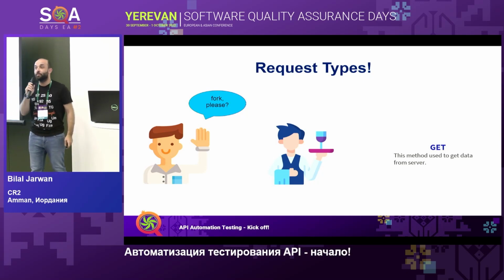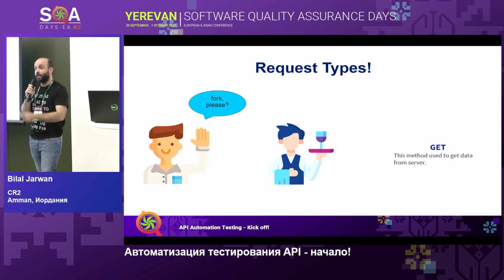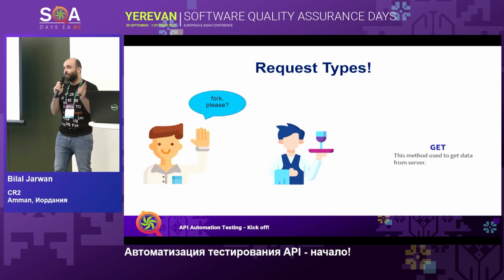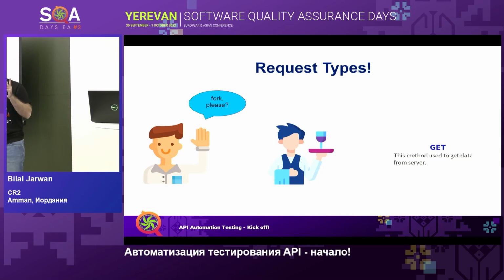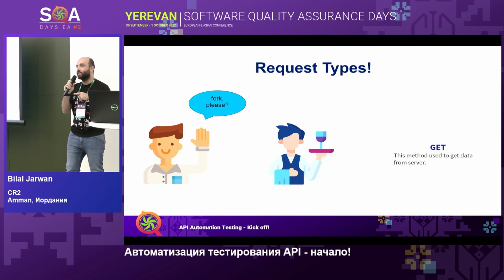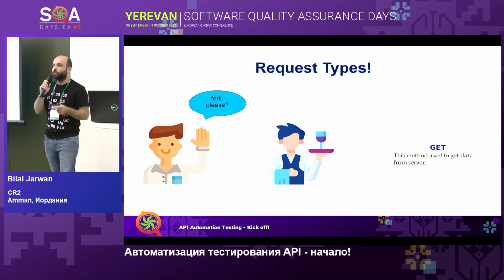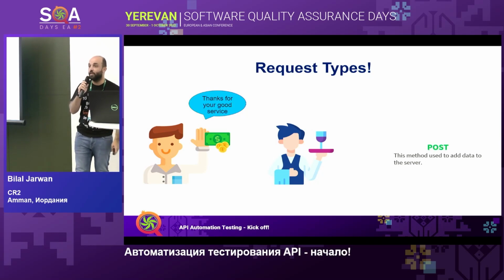If there is not, he will say no. So depending on your request, you will get the response, and this is the main idea of the APIs. You cannot communicate directly with the database, and it's not a good approach. So the API works to communicate with the database and give you the value of the request that you want.